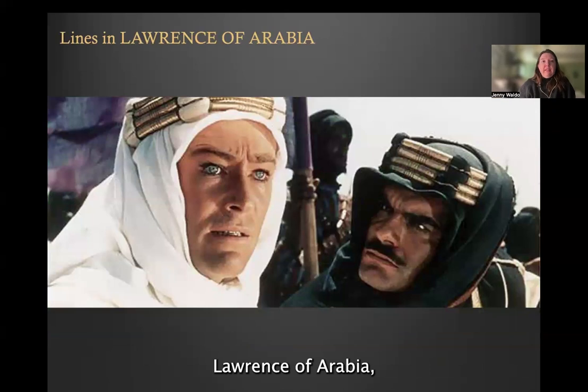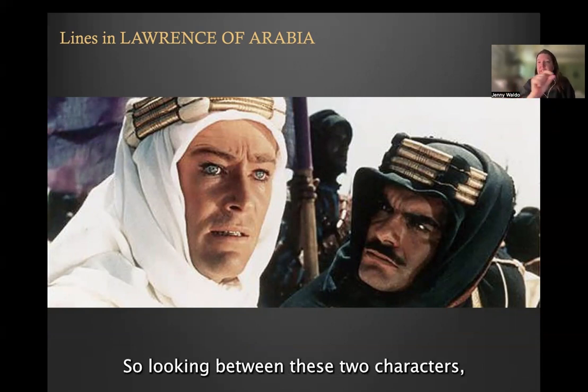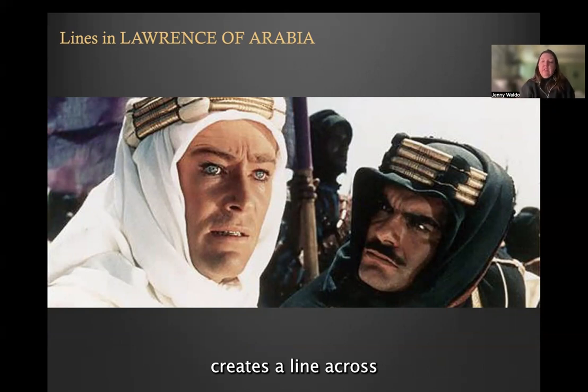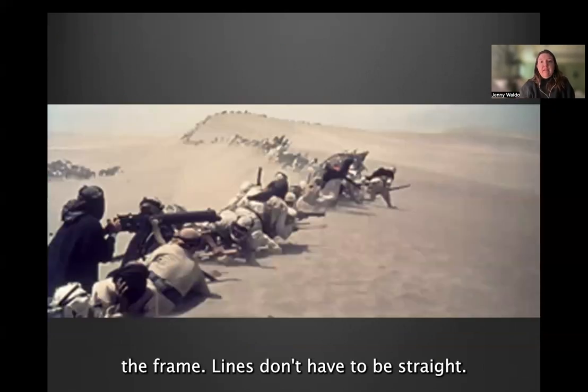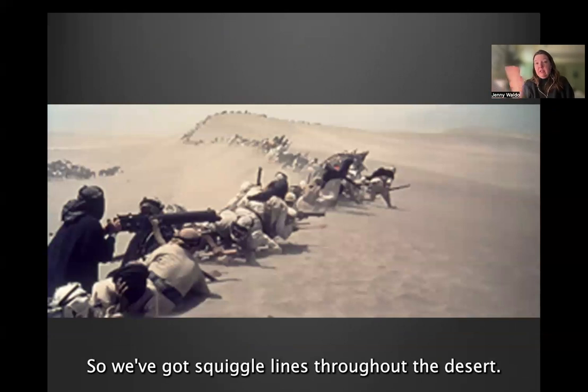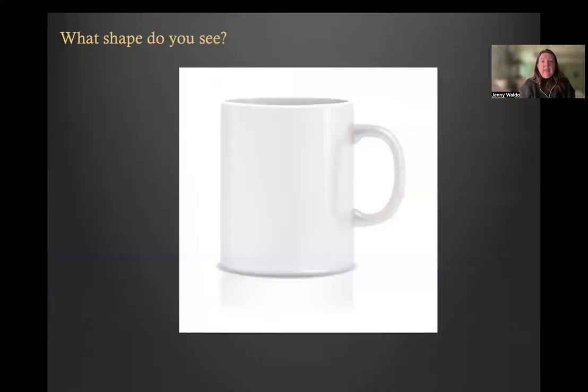In Lawrence of Arabia, again, movement can create lines. So looking between these two characters creates a line across the frame. Lines don't have to be straight. So we've got squiggle lines throughout the desert.